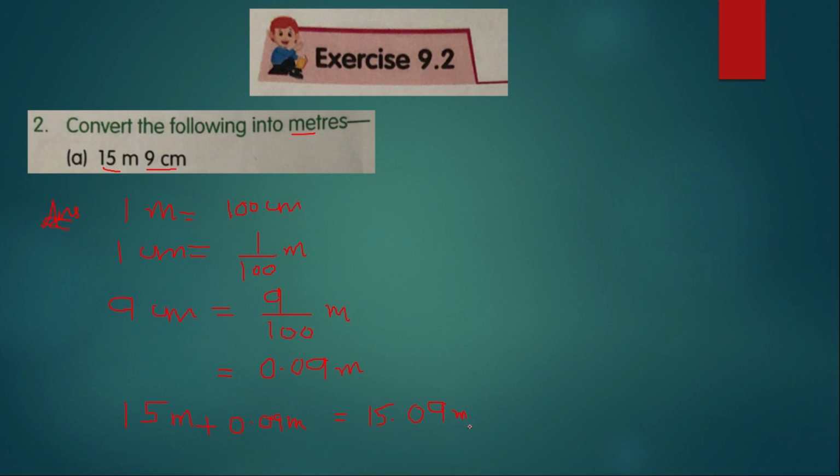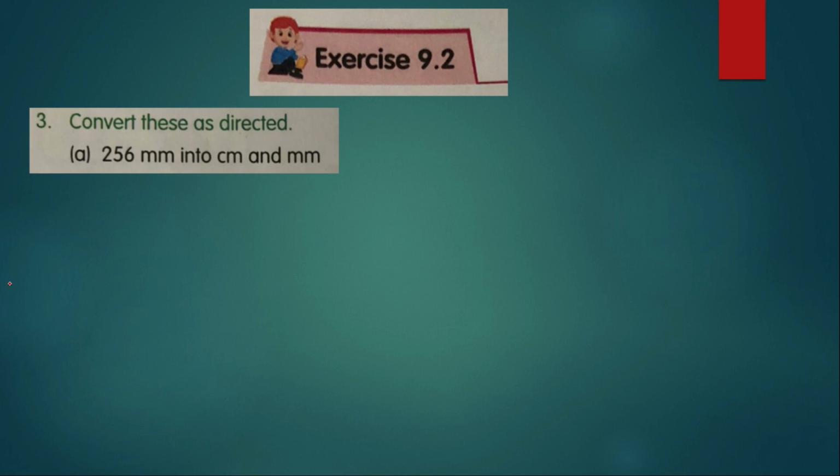Let us see question number 3. Question number 3 says convert these as directed. That means in question number 3 some different parts have been given. We need to read the part and then do accordingly. So it is saying 256 millimeter into centimeter and millimeter. So we know again the relationship between centimeter and millimeter. 1 centimeter equals, of course, 10 millimeters.